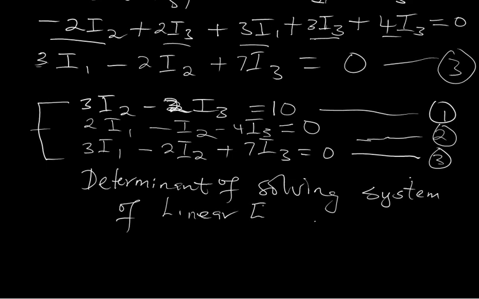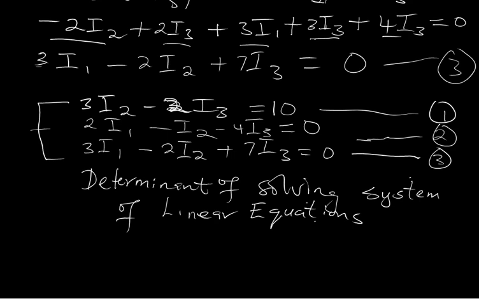Now, the reason why you should learn the determinant method of solving systems of linear equations for Kirchhoff's law is this: depending on the complexity of the circuit, the variables might be so many. There are some circuits that will require you to solve for more than four currents.